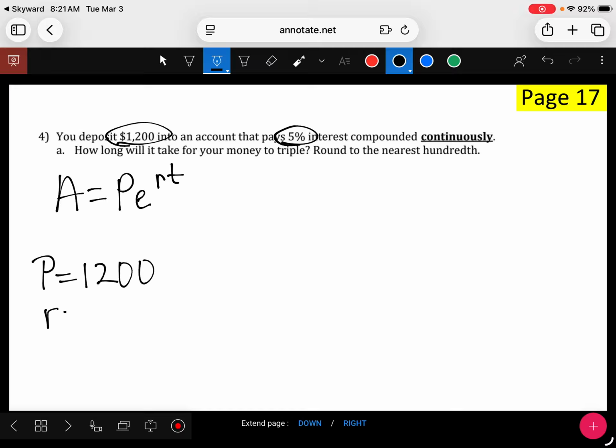So R would be 0.05. Again, you see how it says how long? That means I am trying to find t. That's a question mark. That's my unknown. But this time we want to triple the money. So if I'm tripling the money, what am I multiplying by 1,200 to get the tripled amount? 3. So take 1,200 times 3.